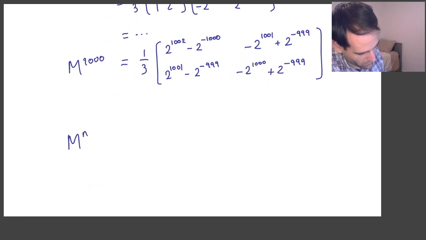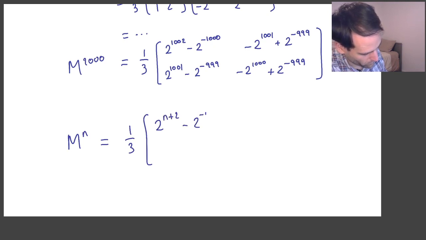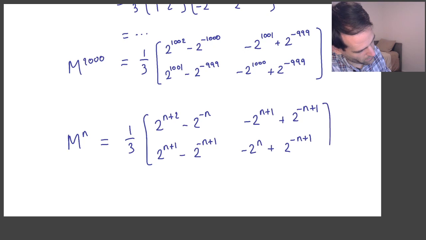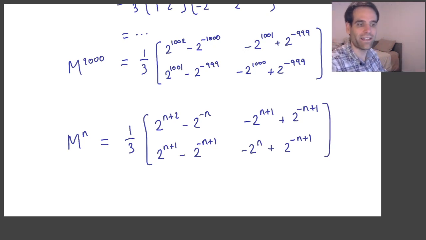M to the power n would have been this matrix here. That would have been M to the power n for any value of n. Okay?